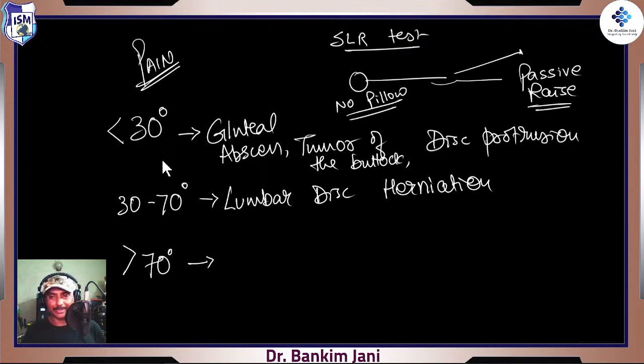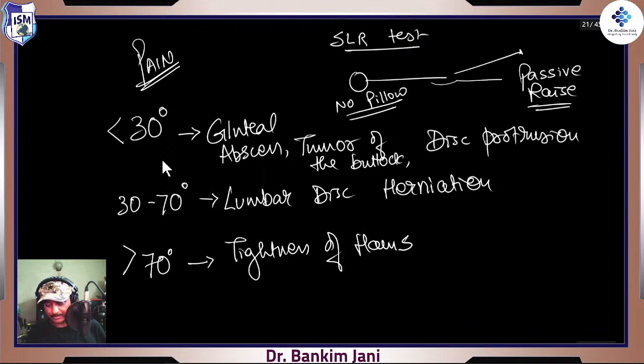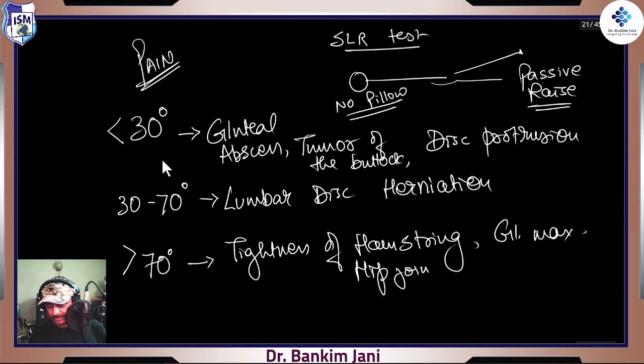not to worry much. If everything is fine, it is because of the tightness of hamstrings, the hamstring muscles are tight, or the gluteus maximus is tight, or the hip joint capsule is tight because the person has not done the exercise.